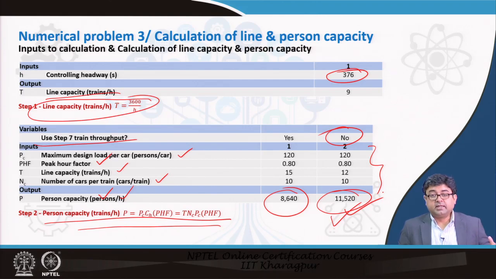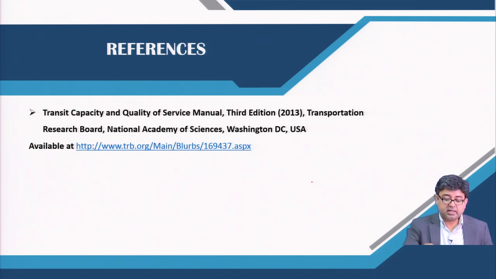So, basically it depends upon which type of control system you are using for the train; that will tell you what capacity your train is running at, what the headway between the trains is, and what the controlling headway is, meaning the maximum of the three headways. That headway will also control how much the capacity of your transit line is. So, this is the reference that we were talking about and all of these examples are solved in that reference.